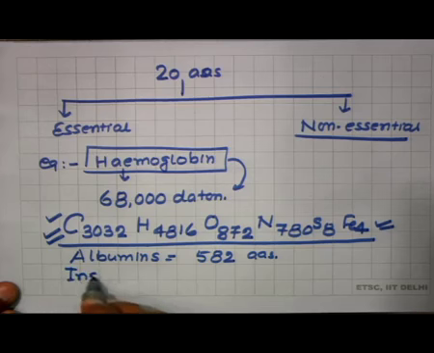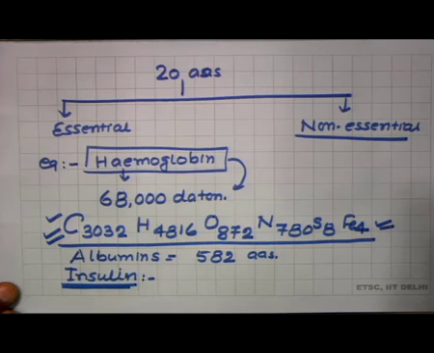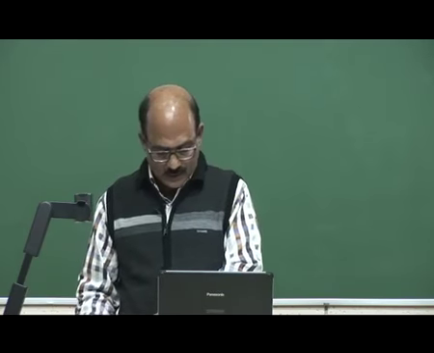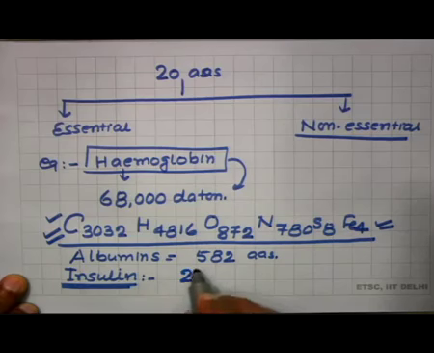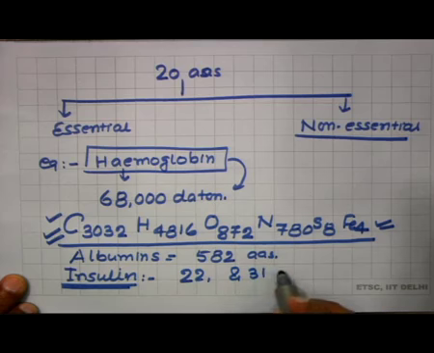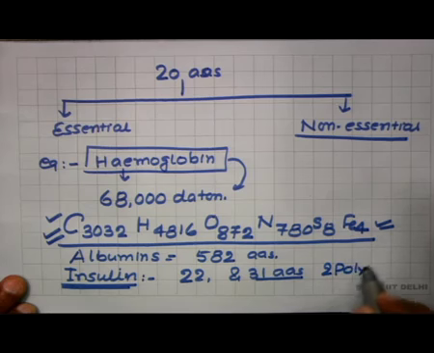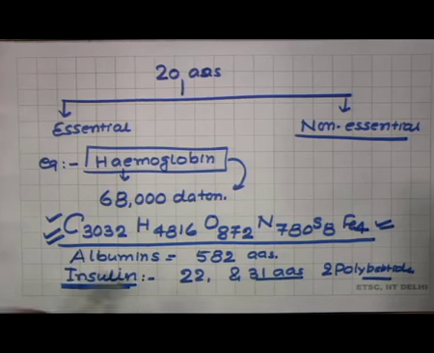Insulin, you are already aware, is formed by the beta cells of pancreas. It is made by 51 amino acids, and there are two types of polypeptide chains present in insulin, that is alpha chain and beta chain.